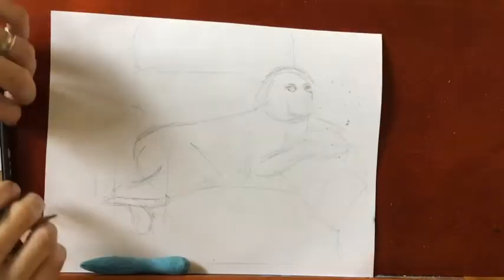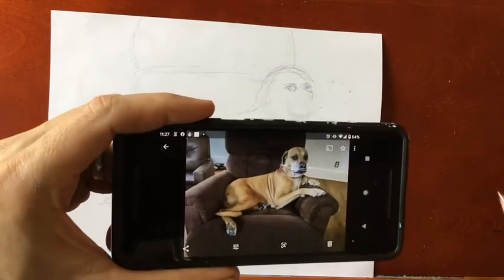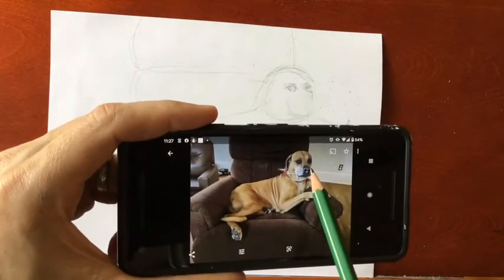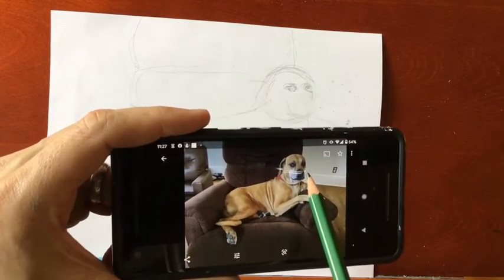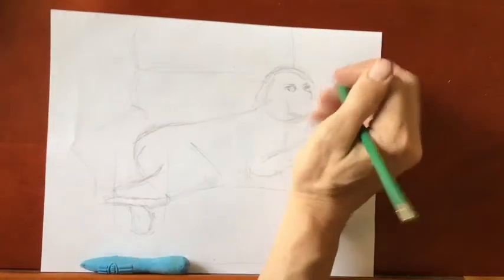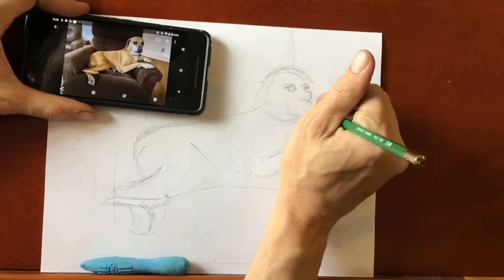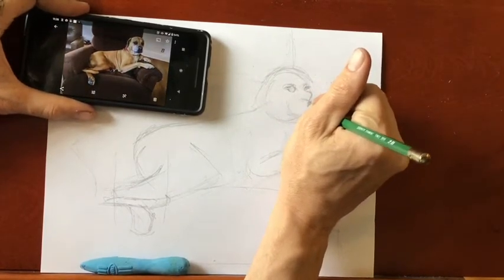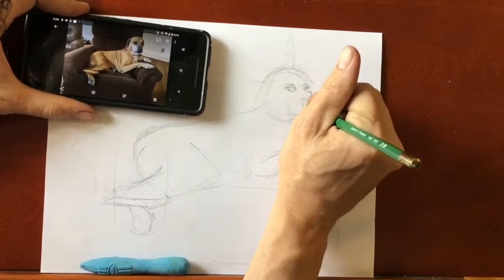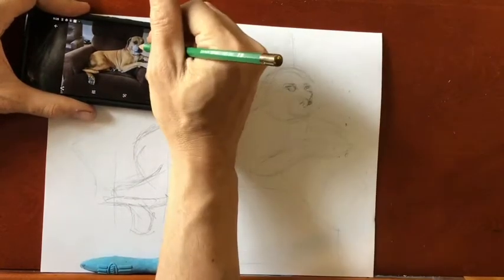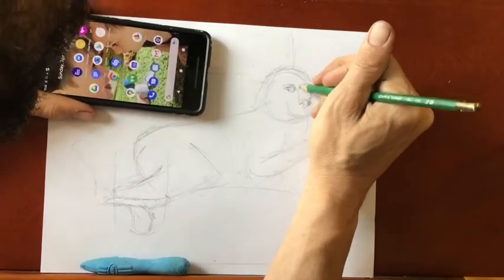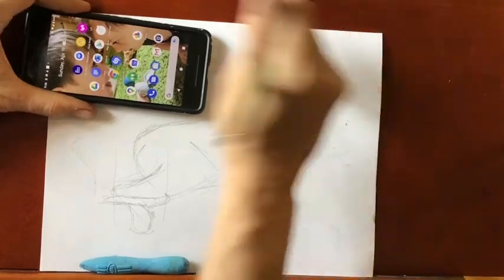And looking at my image, I noticed that her nose actually doesn't stick out further than her eye. So I'm going to go back in and fix that. That's where that is.